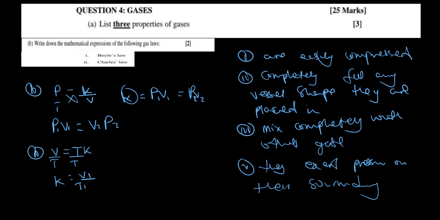Since the constant is constant, I'll continue getting the same. That's how we make this expression. So for Charles' law, the formula is V1 over T1 is equal to V2 over T2. That is it for this question. You can go to the next question.